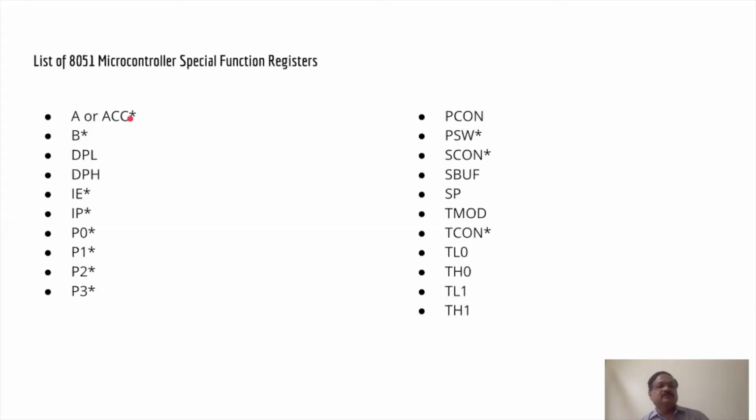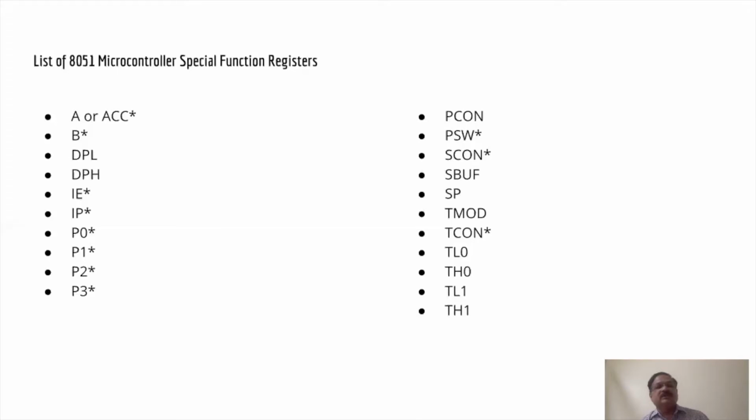Accumulator, B register, IE register, IP register, the four port registers P0, P1, P2, P3 latches, then TCON, then SCON, and PSW. So these are the bit addressable registers. Means you can individually set or reset an individual bit of that register.